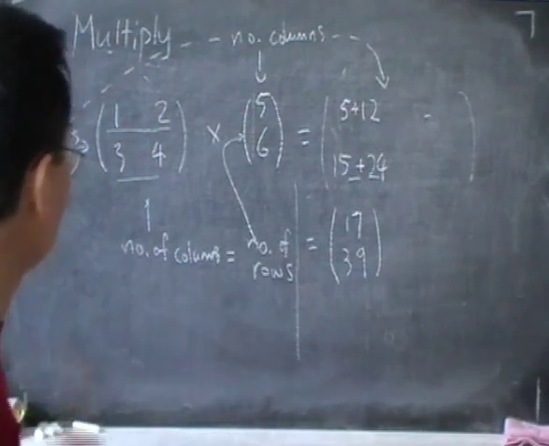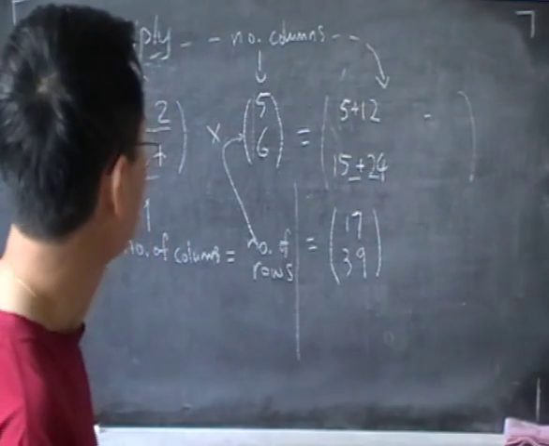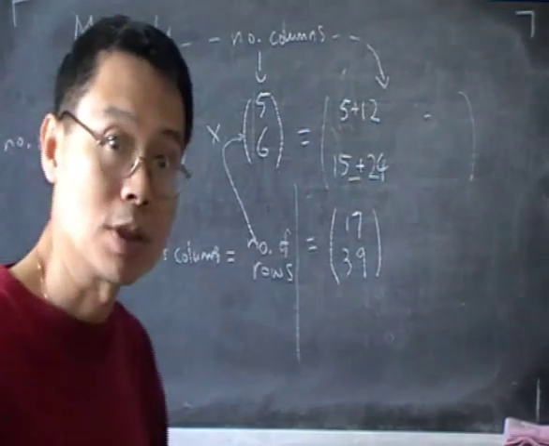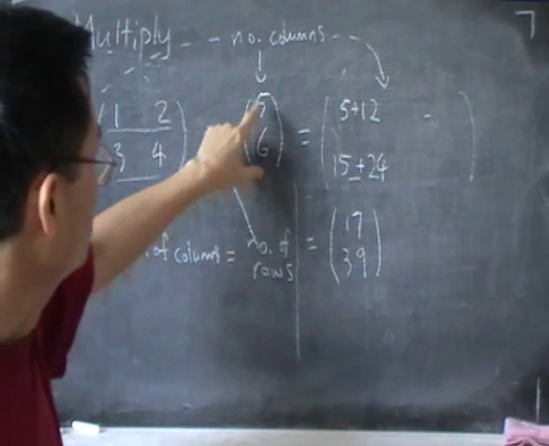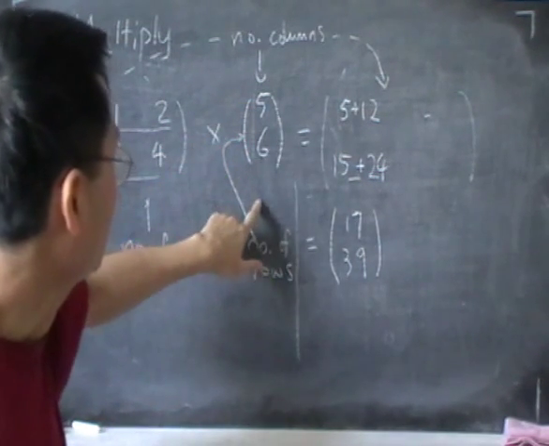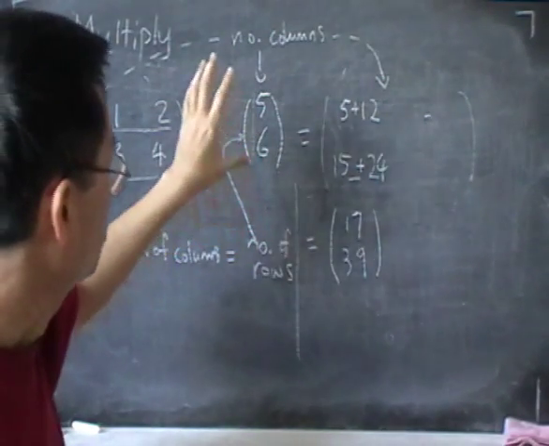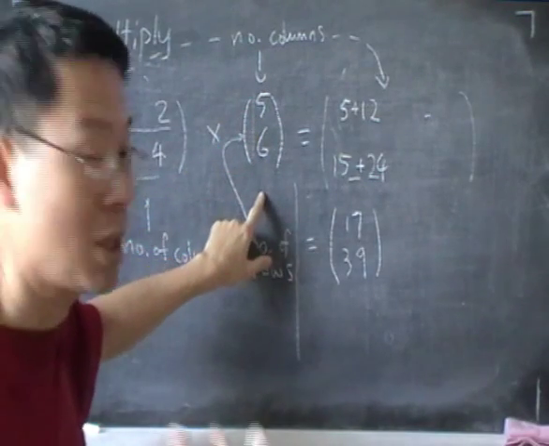So this is an important property of multiplying matrices. For example, just imagine that instead of having this 2 by 1 matrix here, suppose I have 3 numbers there. Suppose that I have a 3 by 1 matrix there: 5, 6, and maybe 7, another number.